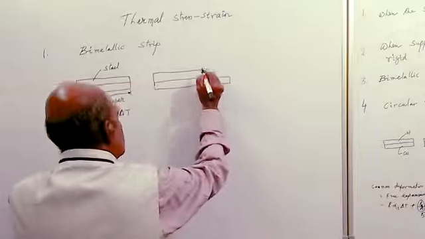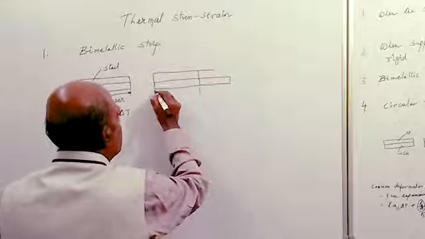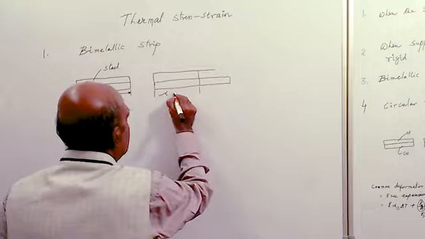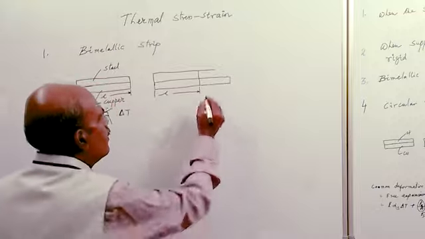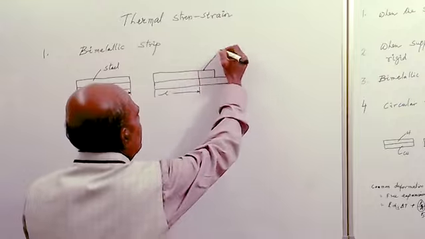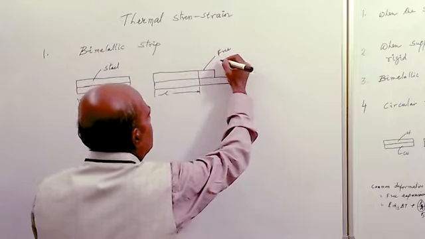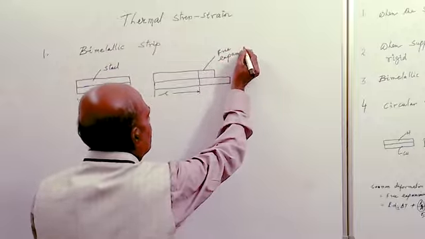Let this be the original length, L, of the bar. This is the free expansion of the steel bar.